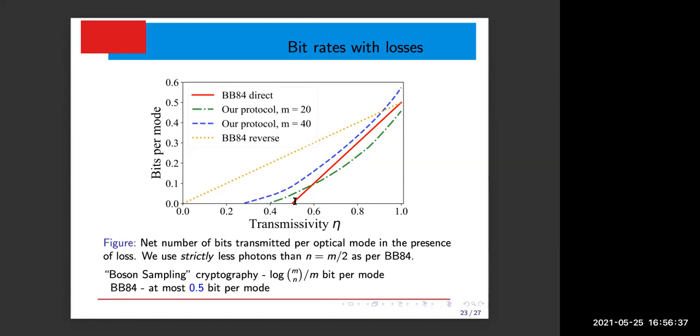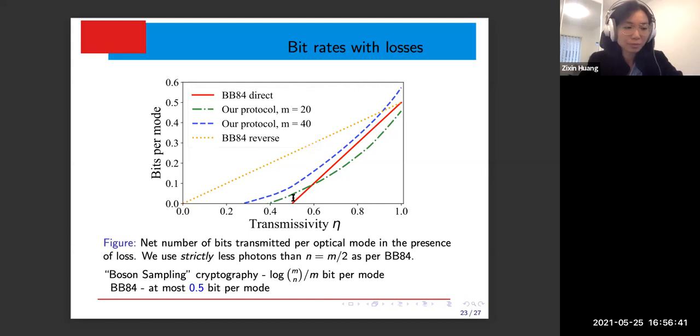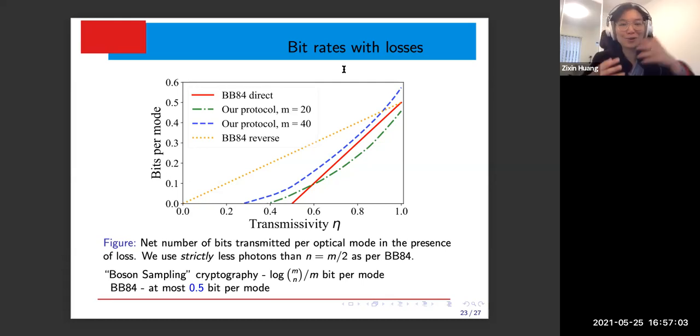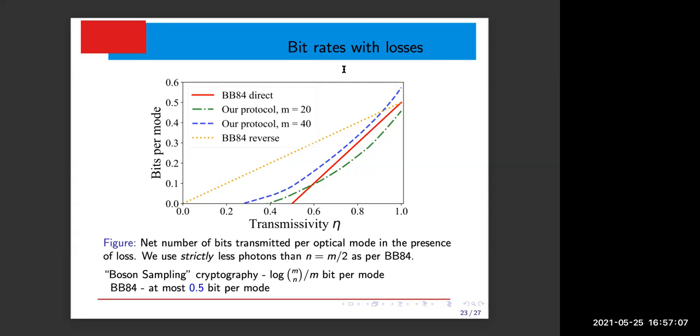In realistic quantum key distribution experiments, the transmission parameters can be much smaller than that. So I don't think we can claim that this is actually useful unless we can push this blue curve to be above the orange one. But that's work in progress and also open to whoever wants to claim it, because we don't know how to do it yet.